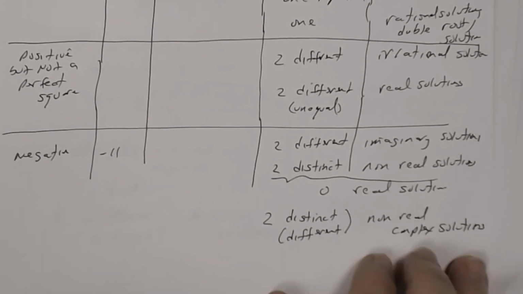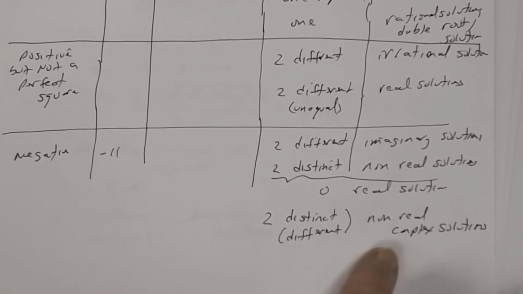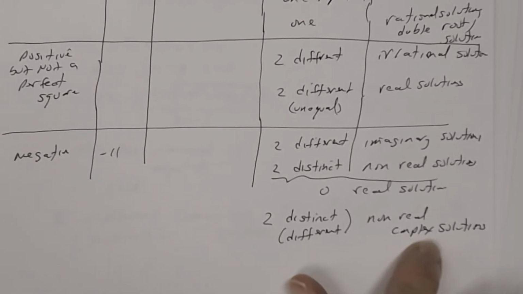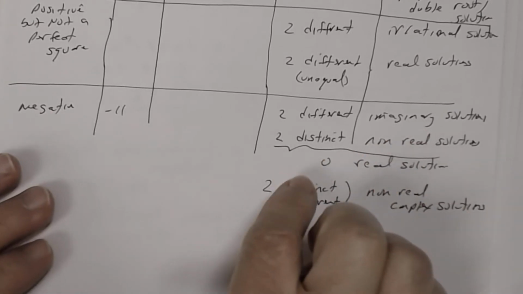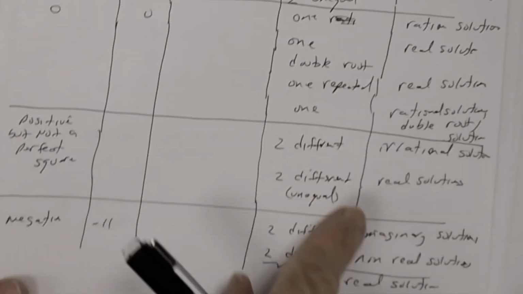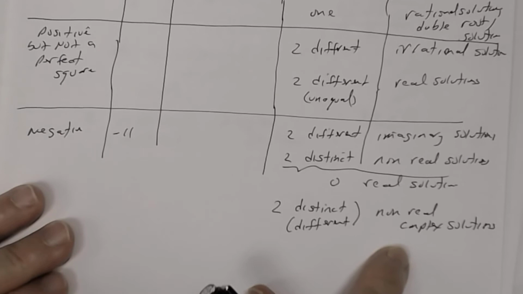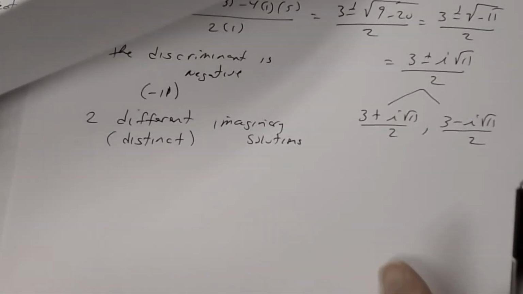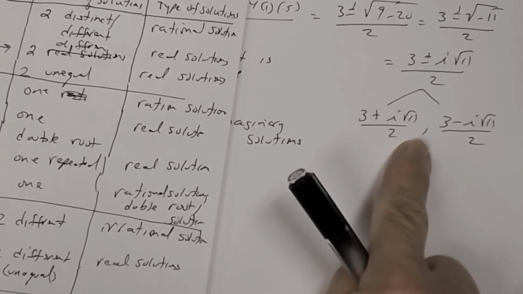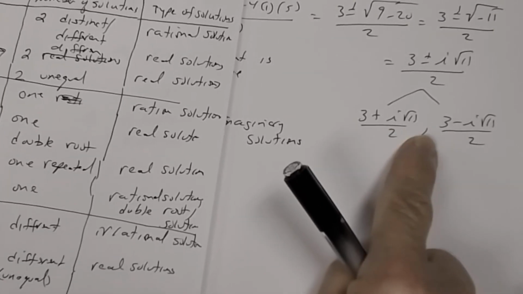Now let's talk about this. Do you remember in the previous lesson, or probably not the previous one, but maybe two before this one, we talked about complex numbers? Okay, so remember, a complex number is a real number and an imaginary number. So a complex number can be real or imaginary. What this is saying is that this complex number right here is not real. That's all that's saying.